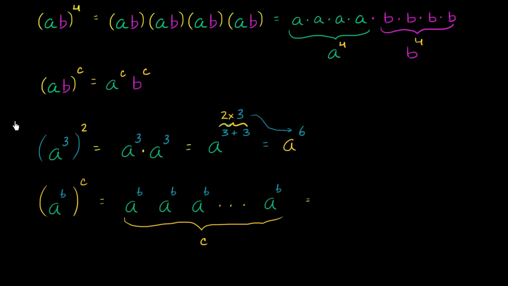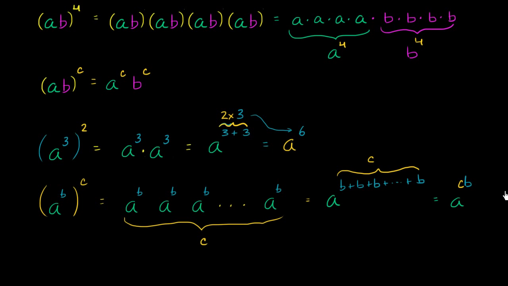So what is that going to be equal to? Well, that is going to be equal to a to the, well, for each of these c, I'm going to have a b that I'm going to add together. So let me write this. I'm going to have b plus b plus b plus dot dot dot plus b. And now I have c of these b's. So this is equal to a to the c times b power.